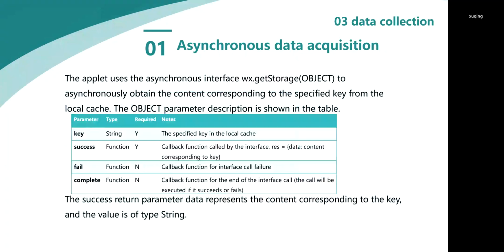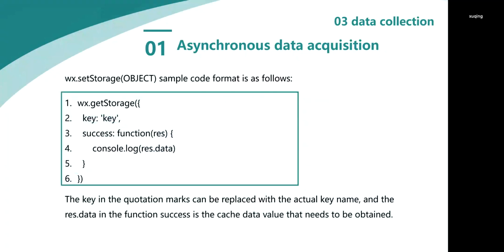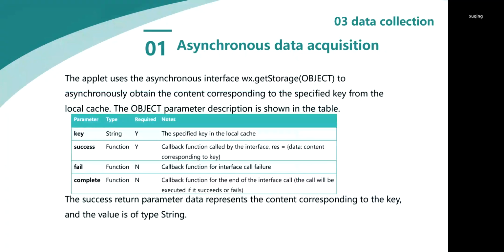Yeah, okay, thank you. So you see, it uses the asynchronous interface WeChat get storage to asynchronously obtain the content corresponding to the specified key from the local cache. The object parameter description is shown in this table.